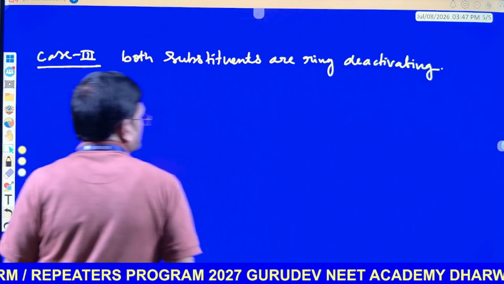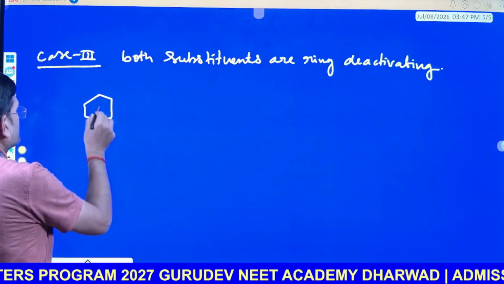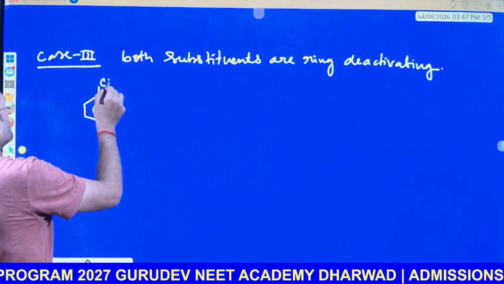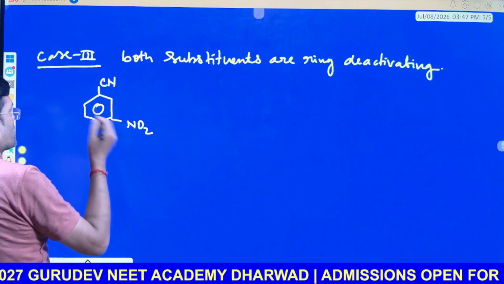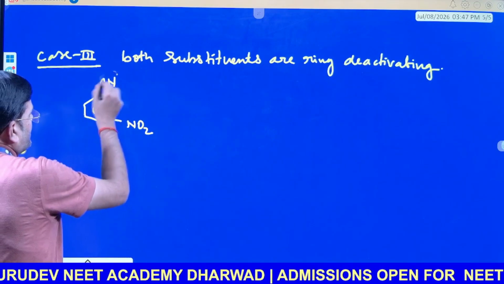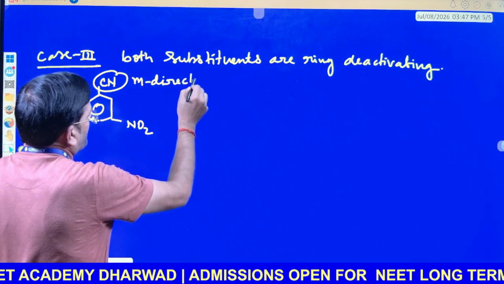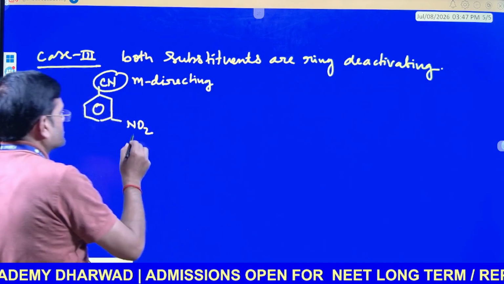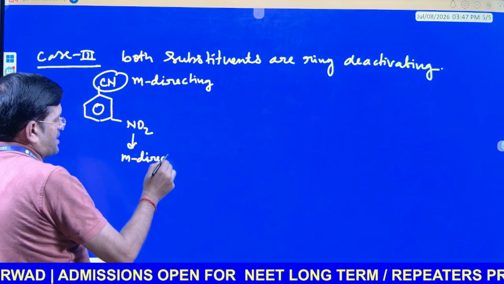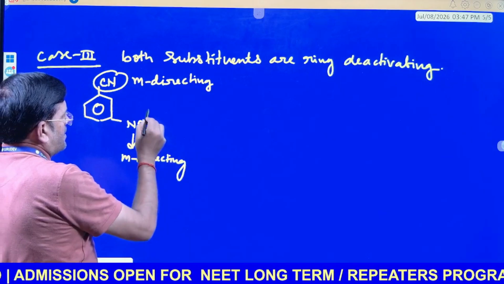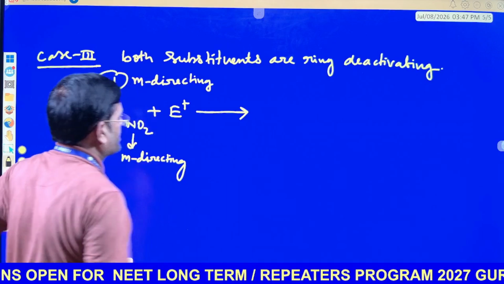Just see, let us see CN here, here NO2. Both are ring deactivating and meta directing. Now suppose the further electrophilic substitution is being carried out, right?